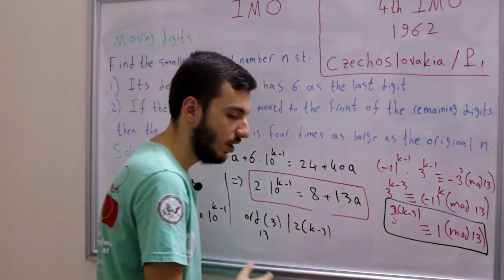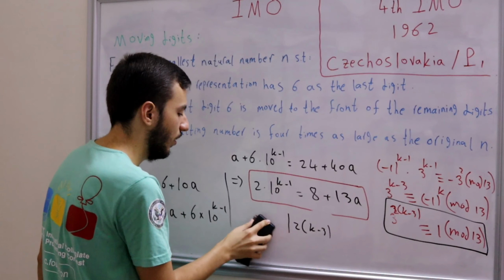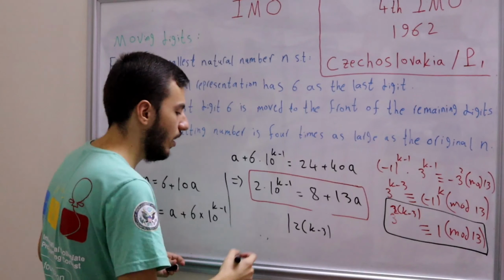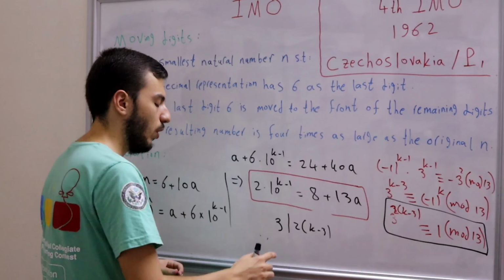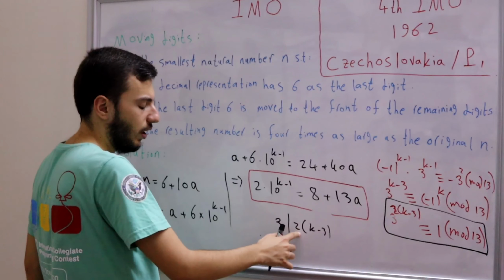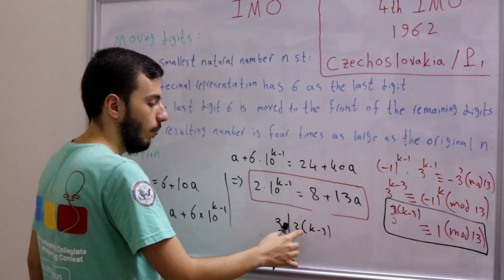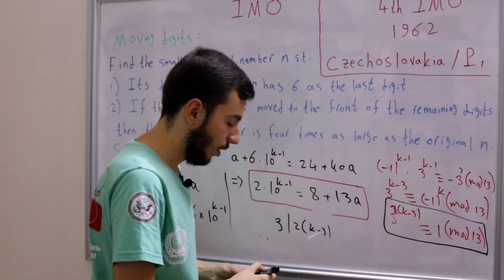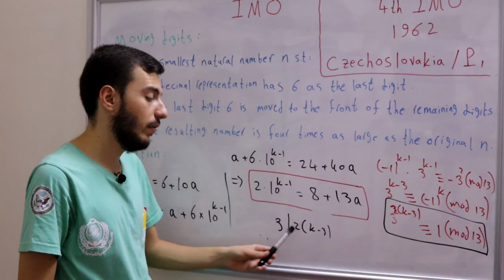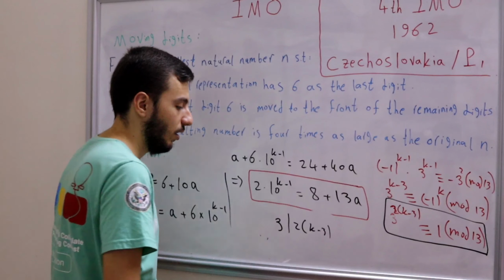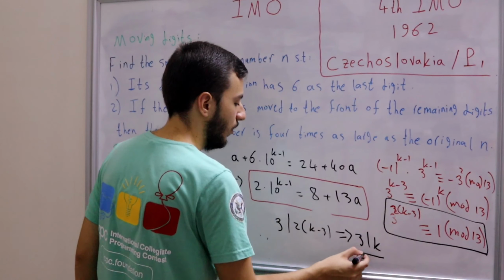So that simply means that 3 must divide 2 times k minus 3. And guess what? We don't care about 2, because 3 does not divide 2. So that means that 3 must divide k minus 3. And in fact, if 3 divides k minus 3, and 3 divides 3, then that means immediately that 3 divides k.